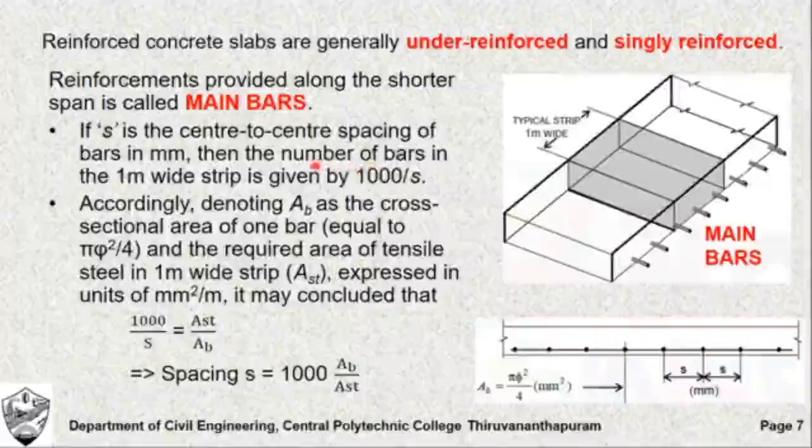So the number of bars is equal to 1000 divided by S, and we want to find what is S. There are other ways to find the number of bars also.